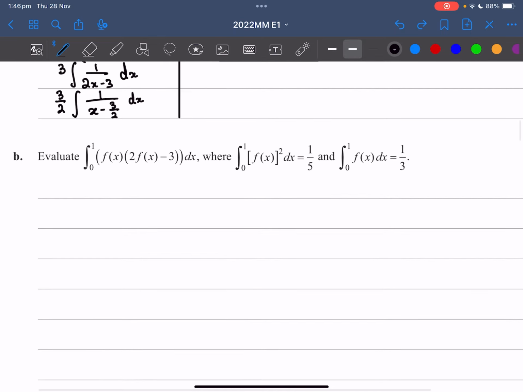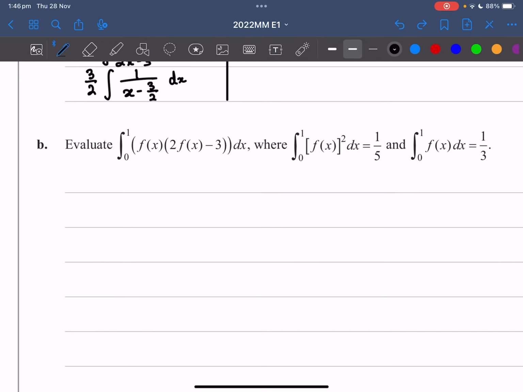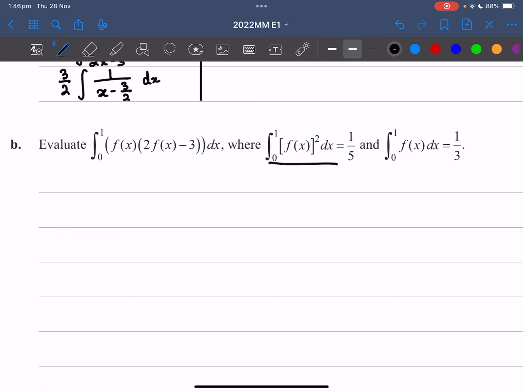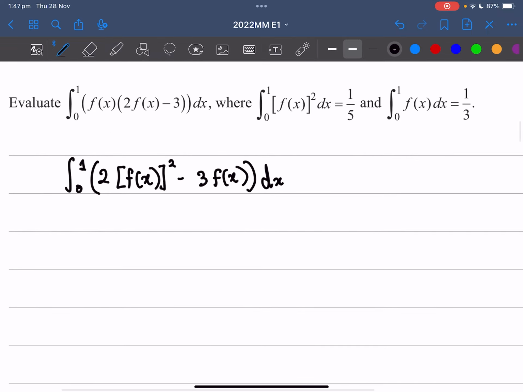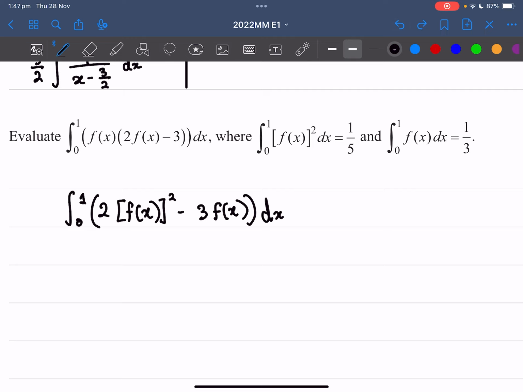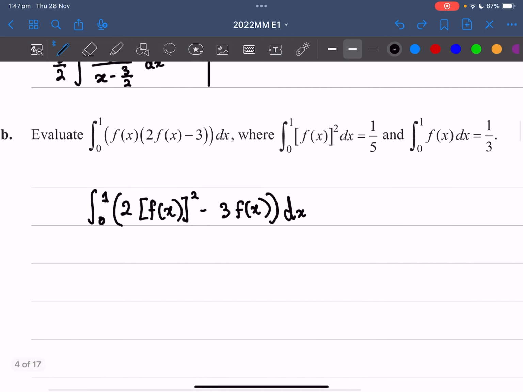Alright, so evaluate all of this, where the integral of this is 1 on 5 and this is 1 on 3. Let us start by expanding this integral out first. So then we'll have the integral from 0 to 1 of 2 times f of x squared, take away 3 f of x, and of course we have to add the brackets in. As you can see now, we have to separate the integral and solve it.